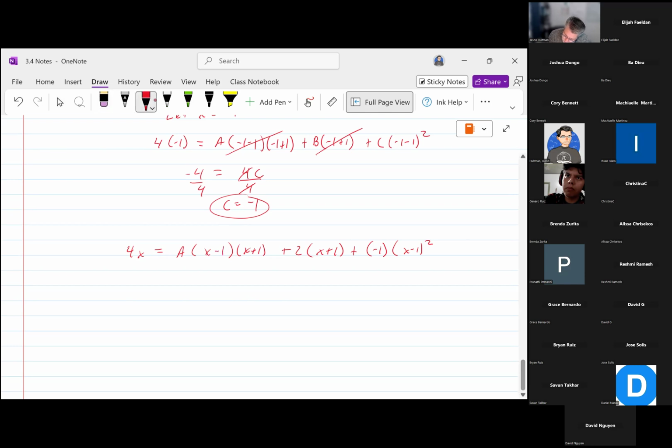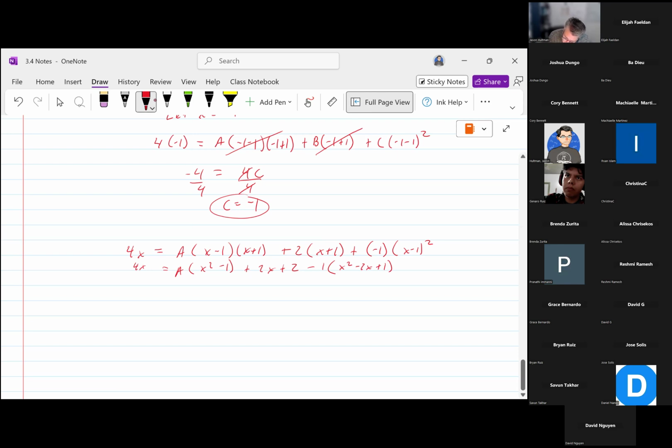If I multiply x minus 1 times x plus 1, I get a times (x squared minus 1), plus 2x plus 2. Then multiply out (x minus 1) squared, which is x squared minus 2x plus 1, times -1, equals 4x.